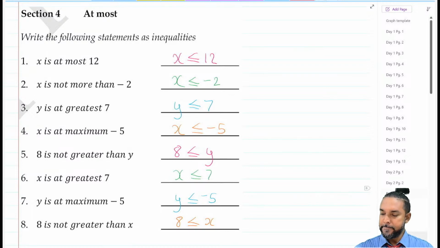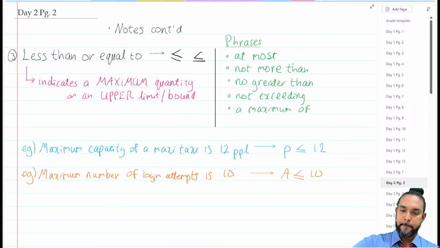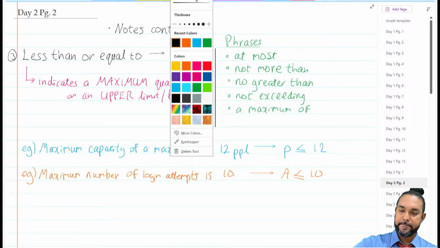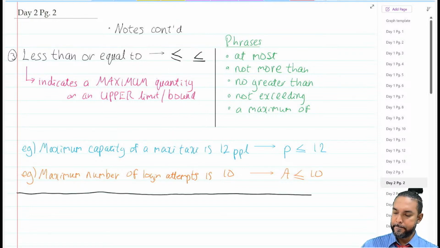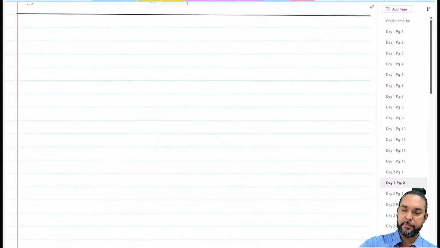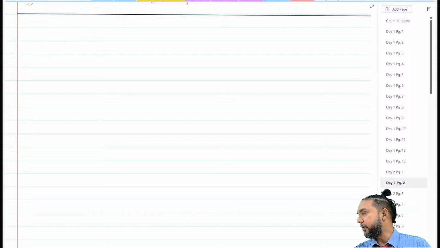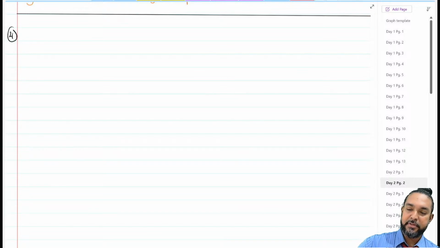Okay, cool. So we're going back to page 2 to do this piece here. Right, so this should actually be section 3.